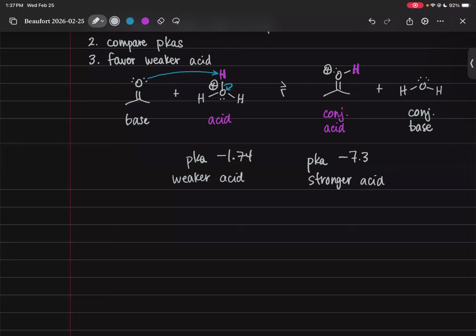And so the equilibrium favors the side with the weaker acid. So the weaker acid is here. So the equilibrium will favor that side. And so that means that our equilibrium arrow points toward that side.